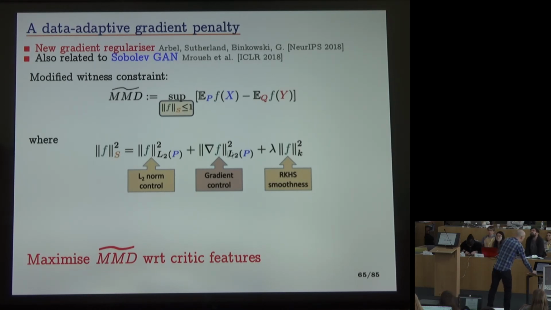So term 3 is not doing the same thing as terms 1 and 2. Terms 1 and 2 are data-dependent smoothness. Term 3 is a data-independent smoothness. In the late stages of the optimization, this one can be handy. In the early stages, you really need these two. If you don't use these two, you're going to get this super sharp critic, which is your unhelpful critic.